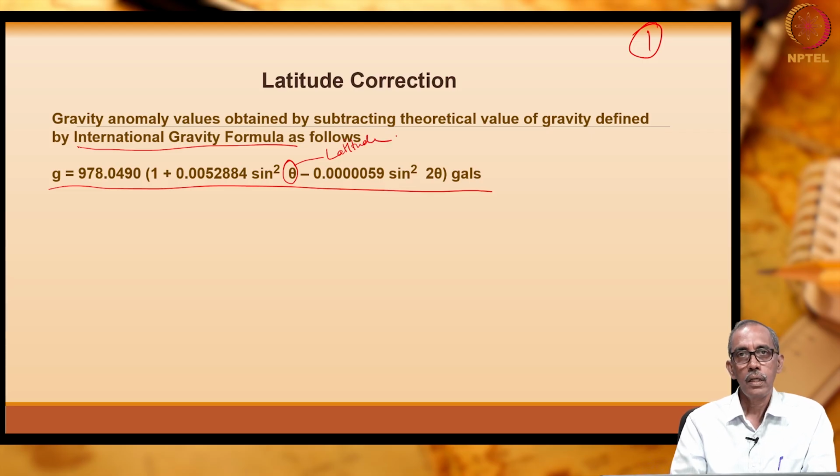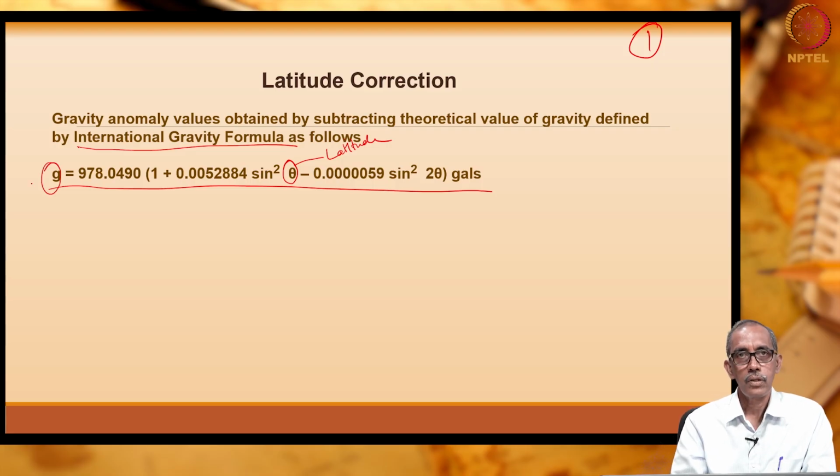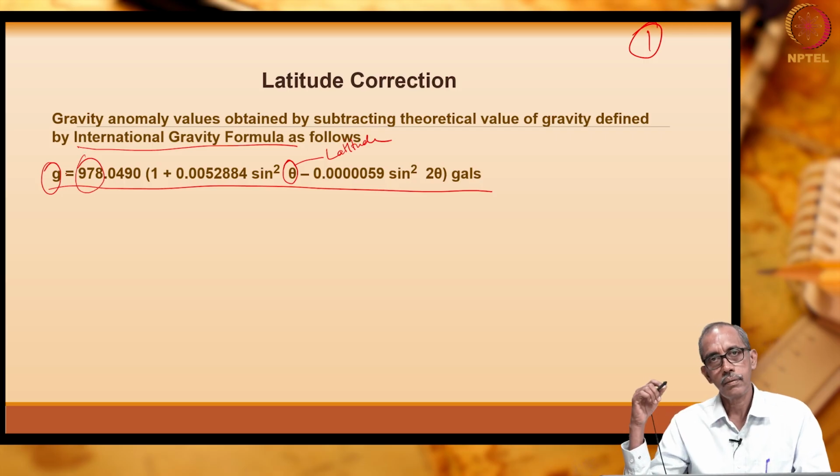So, if you substitute the latitude, the formula gives the acceleration due to gravity, which will be somewhere around 978. So, we are able to determine the actual expected gravity at different latitudes on the surface of the earth.